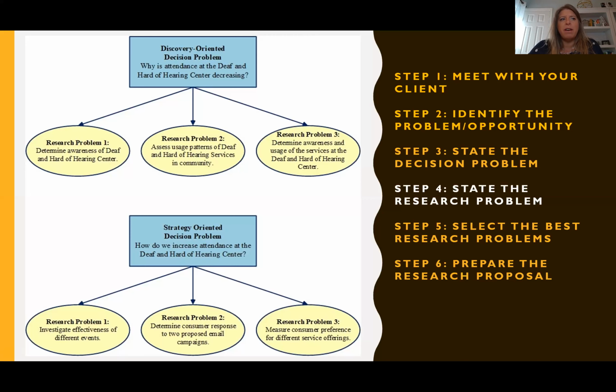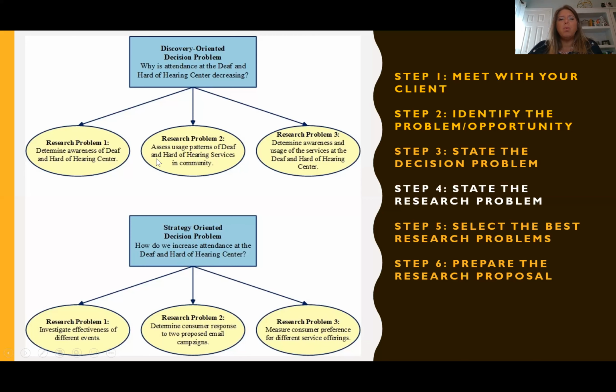You can have them talk about intentions, like their intention to attend after they view that. But the whole point is to determine what their response is going to be, so you can have a lot of different outcomes. And research problem 3 is to measure consumer preferences for different service offerings. So do they like these different services? Are they important to them? We can have survey questions that ask you those things.